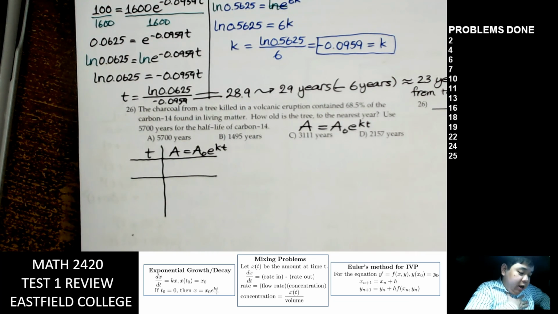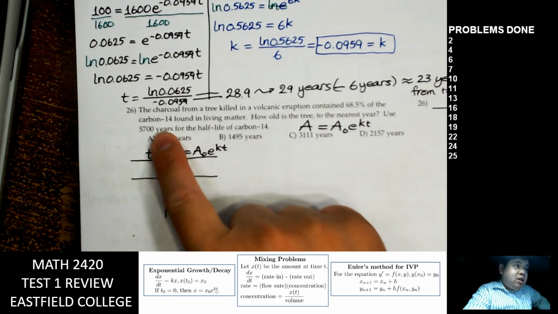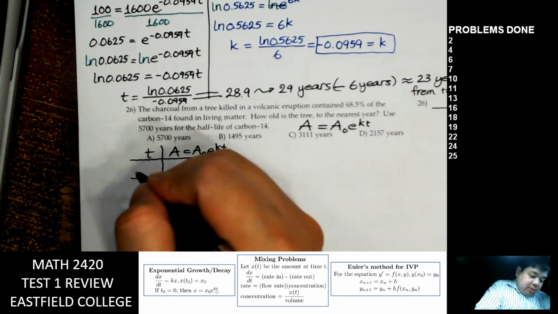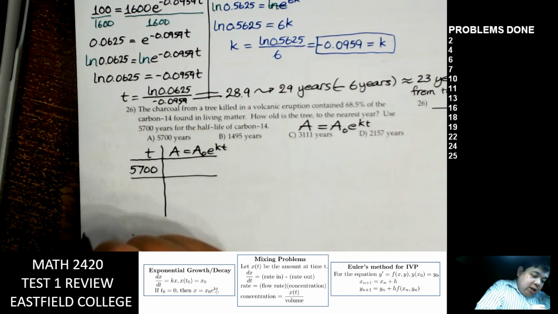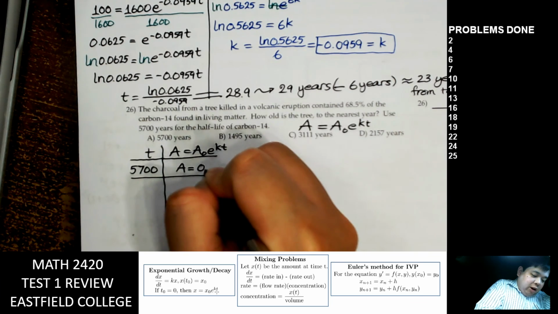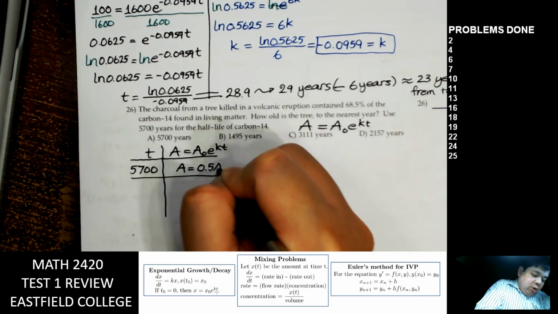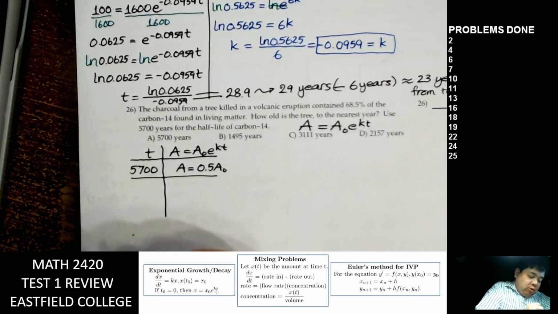What do we have? So we have half-life is 5700, meaning it will take 5700 years for the amount to be equal to 0.5 of the original amount. That means half-life, half of the original amount.